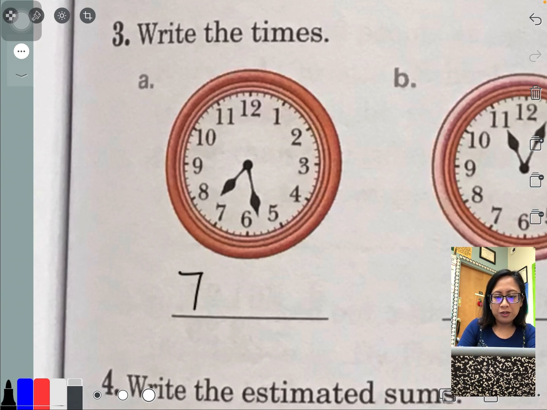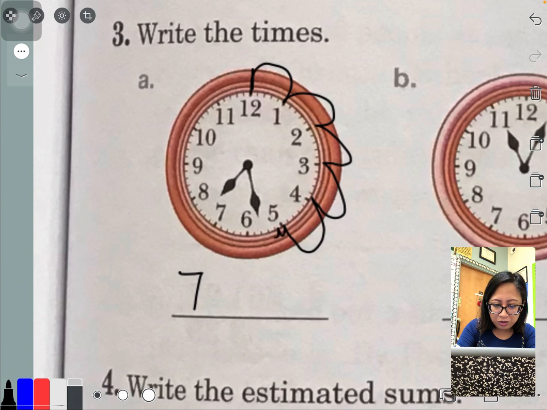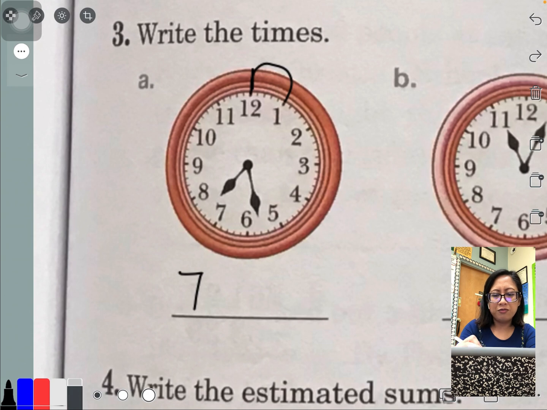That's the hour. But in terms of it almost being 30, I'm going to start here with the 12 and count by 5s. 5, 10, 15, 20, 25, 30, no, not 30, I'm sorry, I did that wrong. 5, 10, 15, 20, 25. Oh my word. 26, 27, 28.